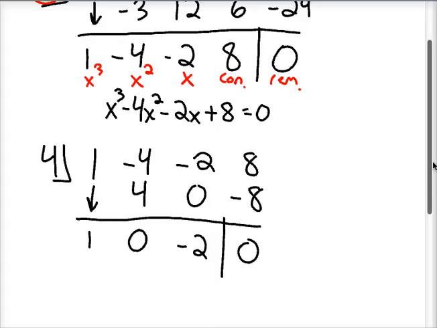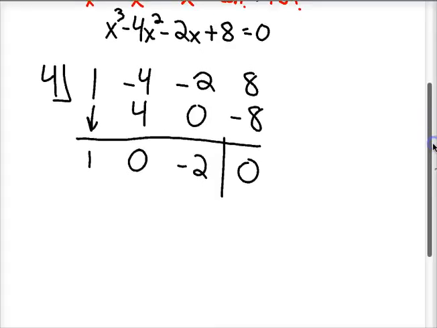All right. So just like I said, after pulling out my solution of 4, now what I have is a quadratic. So I have x squared minus 2.